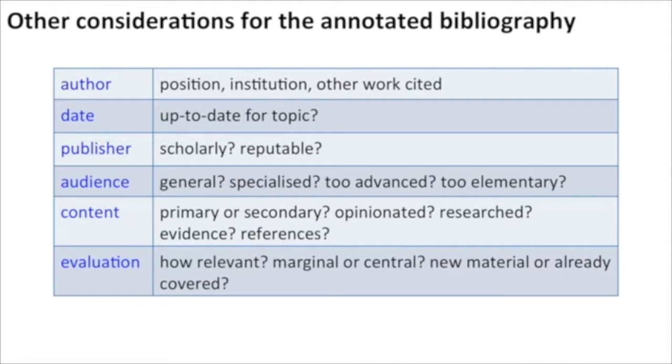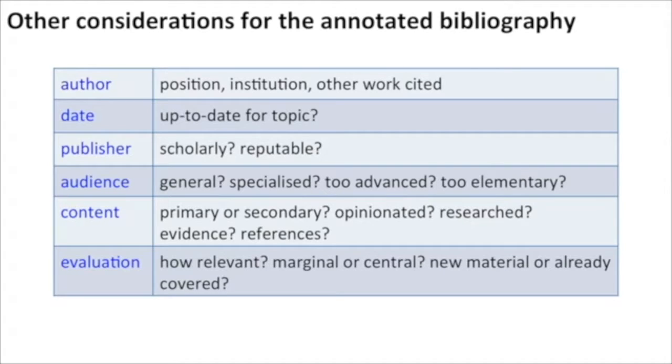If you've got something from 1995, before there was anything like Facebook or Twitter or YouTube, then for your argument, it's a source that may not be as useful as some later sources. Who's the audience for the source? Is this a scholarly audience? Is it not?